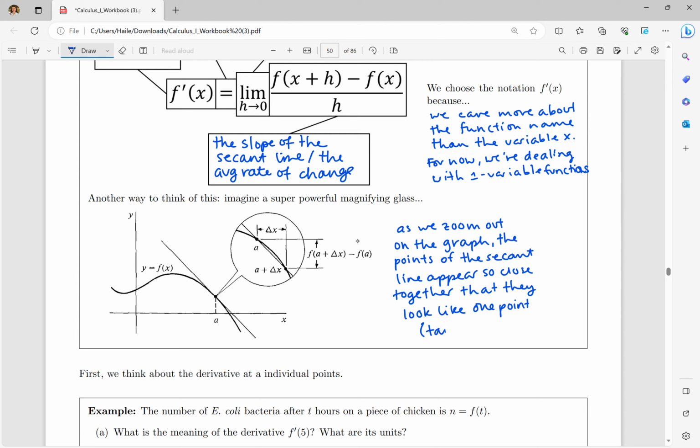And that's our tangent line. So that's the idea of finding the slope of a line using only 1 point, is that we actually don't have 1 point, we have 2 points that are infinitely close together, if that makes sense.